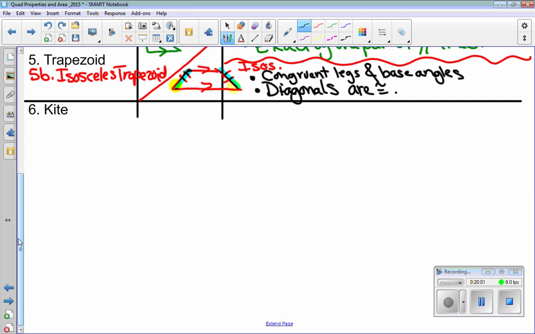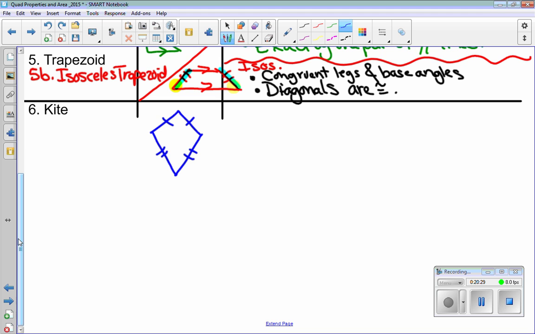What is a kite? So a kite has two pairs of congruent sides, but they're adjacent to each other. So this would be congruent to this, and this would be congruent to that. That's a kite. So it's just like a parallelogram. We have two pairs of congruent sides, but in the parallelogram, weren't they the opposite ones that were congruent?